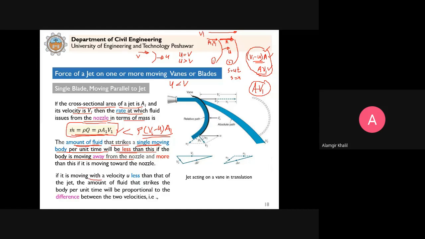If the vane is moving with a velocity u less than that of the jet, as I explained, the amount of fluid that strikes the body per unit time will be proportional to the difference of velocities between the two. So instead of capital V1, we have to consider the difference of velocity in the discharge that will actually hit the moving vane.